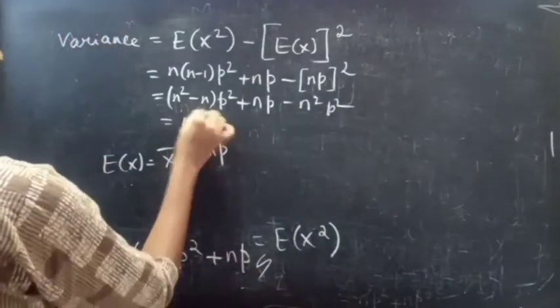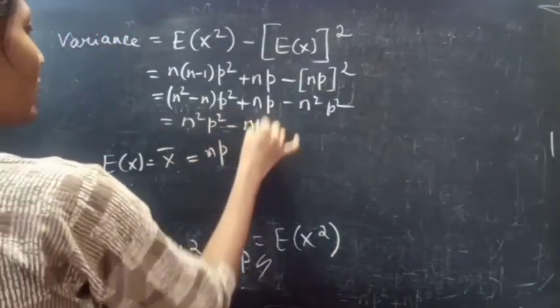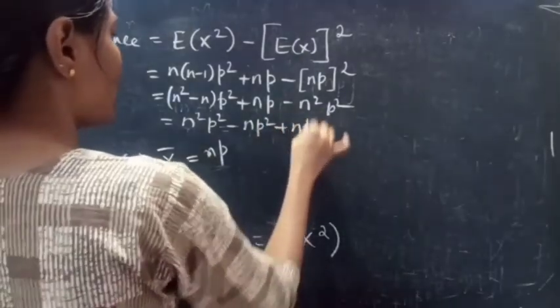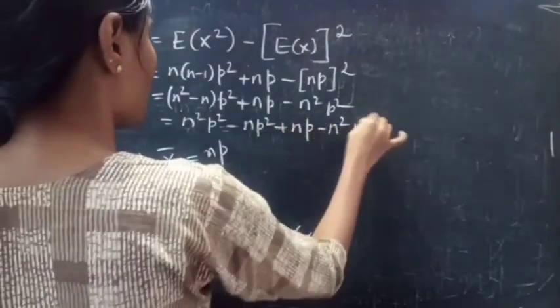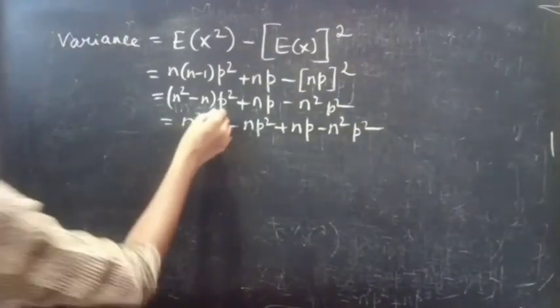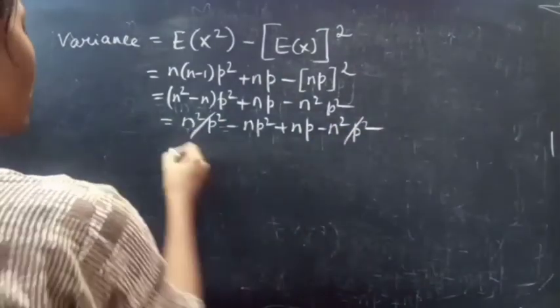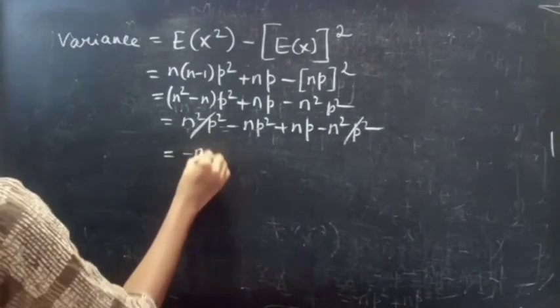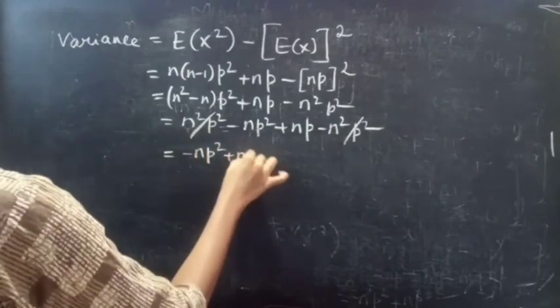So this equals n square p square minus np square plus np minus n square p square. Here n square p square and n square p square get cancelled. So finally this equals minus np square plus np.